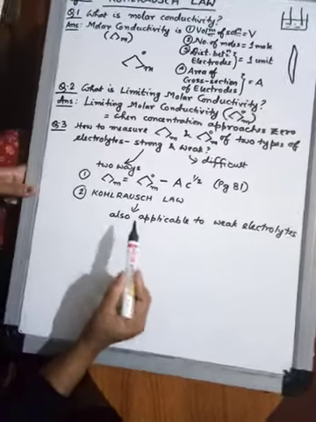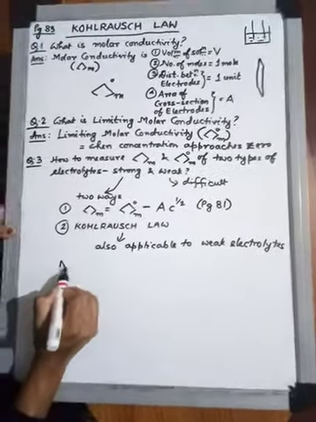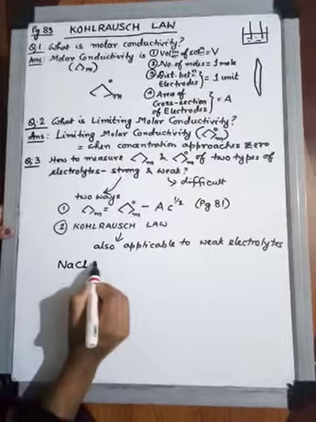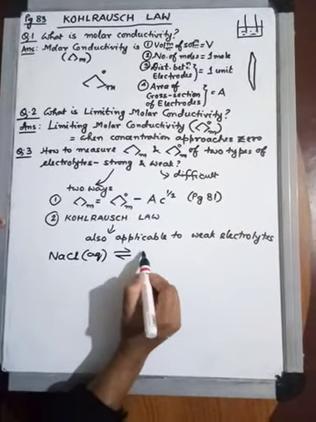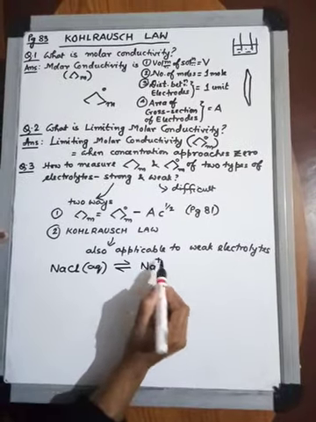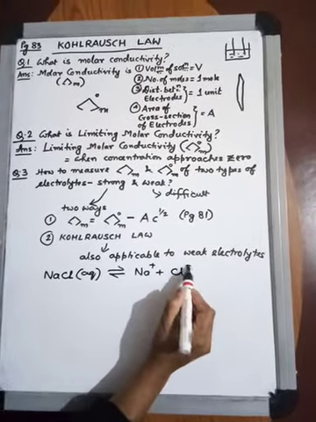You will see, suppose we take an electrolyte NaCl. Now if we put this in aqueous medium, NaCl is going to dissociate into 1 Na plus and 1 Cl minus.